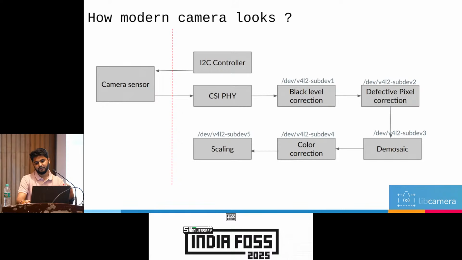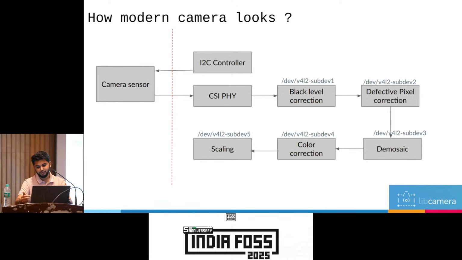Then it comes to the defective pixel correction ISP block. At the time of manufacturing, some pixels are defective. To correct them, we have defective pixel correction, and the defective pixel locations are stored in non-volatile memory, from where you can take the list of defective pixels and correct them.